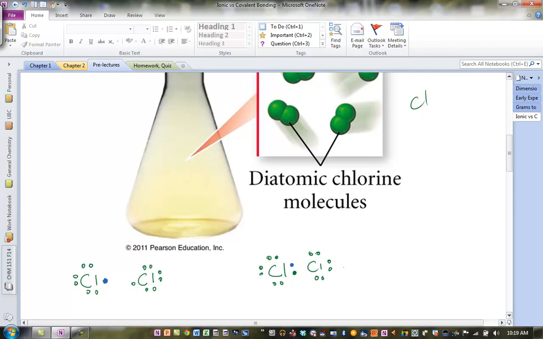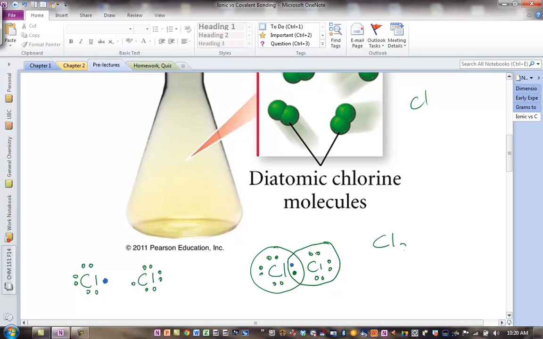So they're just sharing 2 electrons. One from one chlorine and one from the other, and we count those shared electrons for each atom. So we're going to count those 2 electrons with that chlorine, but then we're going to overlap it and count those with the other. So we're going to count 8 electrons for each chlorine atom in that chlorine molecule.